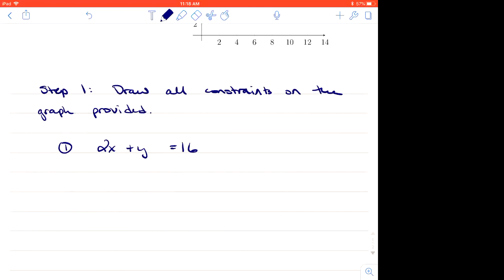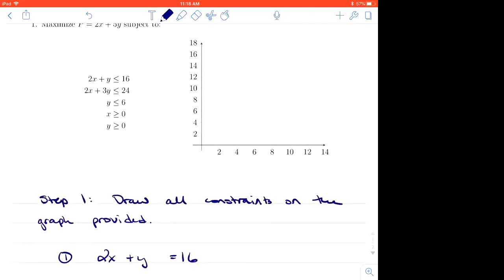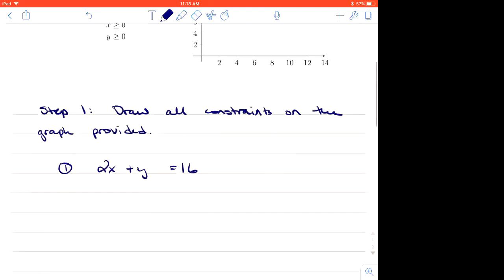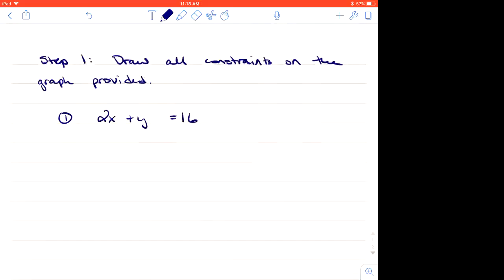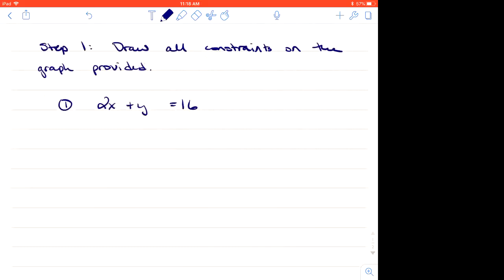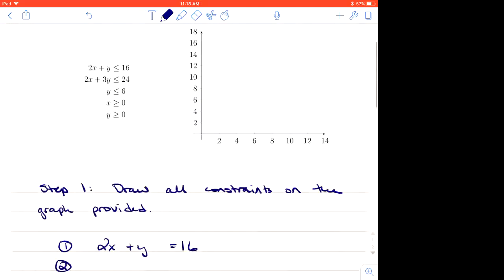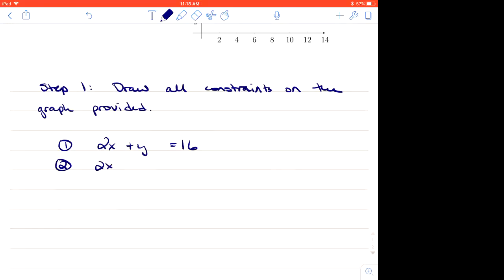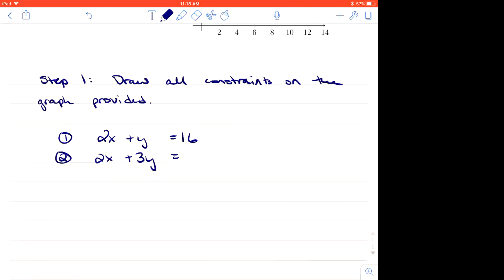If we know that 2x plus y is less than 16, then it's everything below that line, so then we're kind of done with it. I like to write it out as 2x plus y equals 16, just because it's easier to look at, easier to think about. And equation 2, I'll just jot it down here, is 2x plus 3y equals 24.